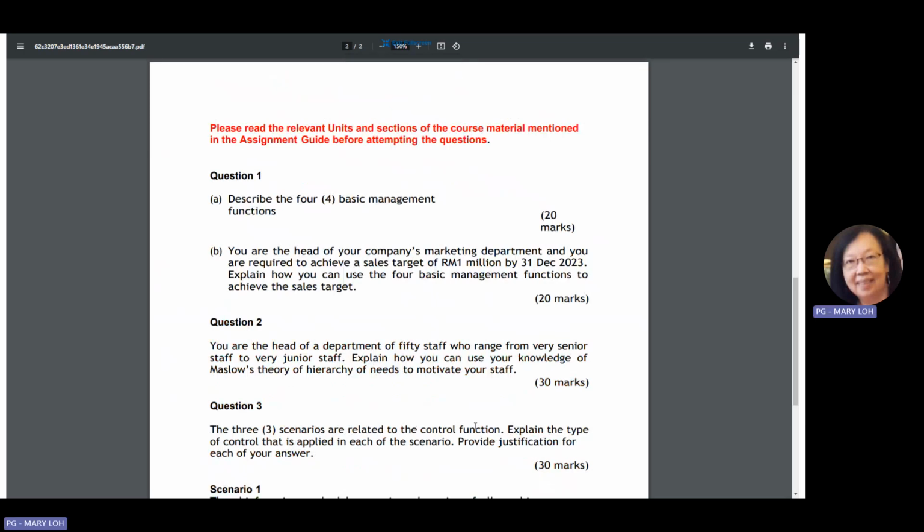So since you have 5 levels, explanation on each level, explain how you can use your knowledge of Maslow hierarchy of needs theory to motivate your staff. So your explanation together with the examples, each level will be 6 marks because there are 5 levels. All right, so 6 marks. So again, 1 paragraph for each.